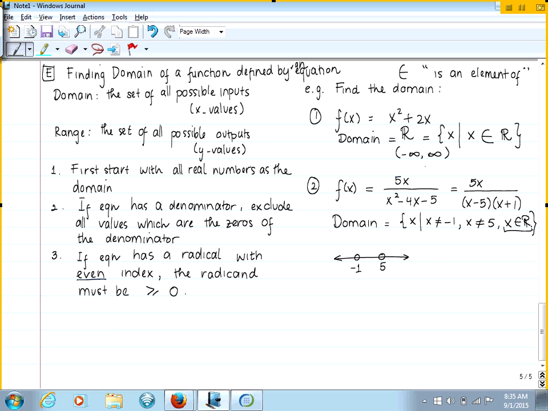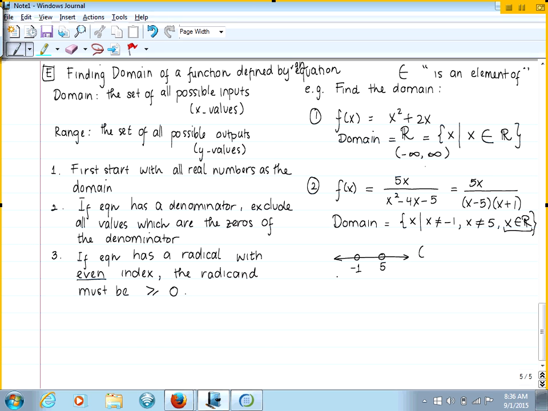Sometimes we don't write this part because it's understood we're talking about real numbers. So it's just x such that x is not equal to -1, x is not equal to 5.